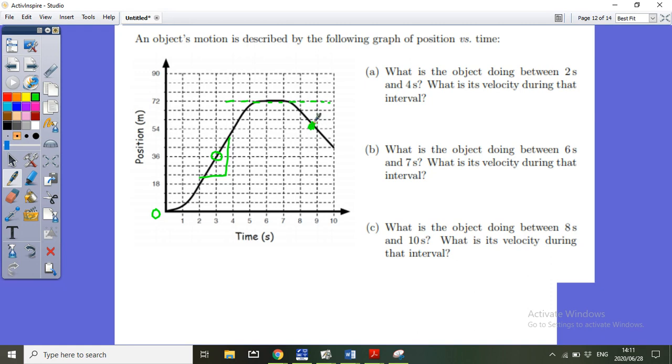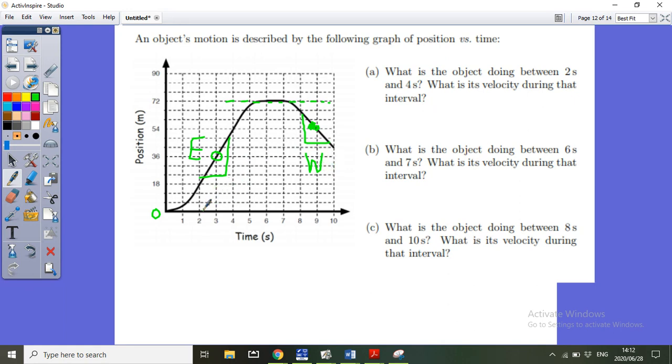If I ask you for the instantaneous velocity at 9 seconds, for instance, you can get the gradient there, and that is the instantaneous velocity. You just must make sure you mention direction. If this object was traveling east here, it is traveling west here. Keep directions in mind now because you've done vectors.